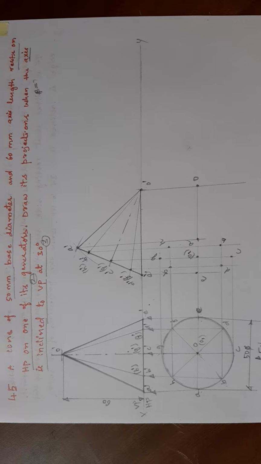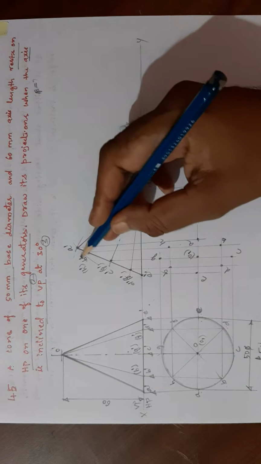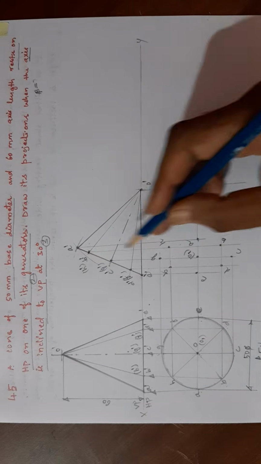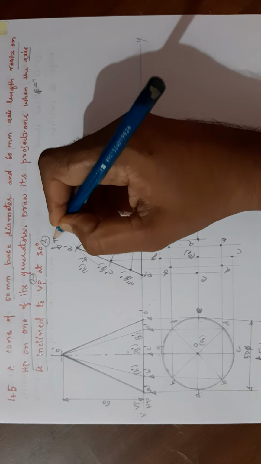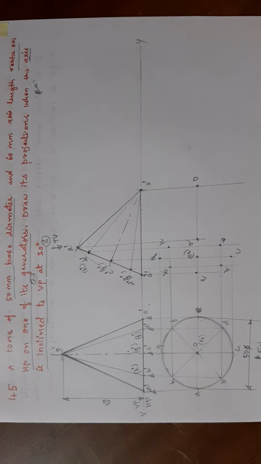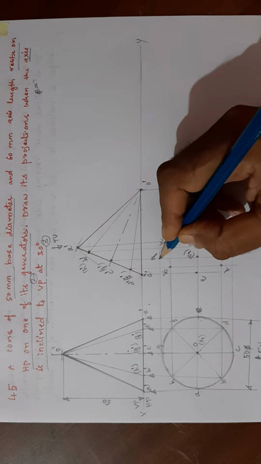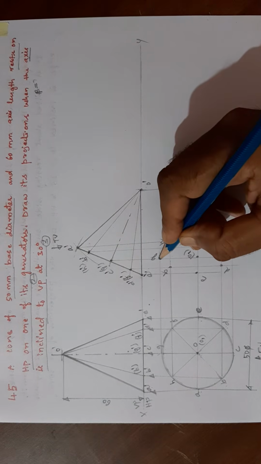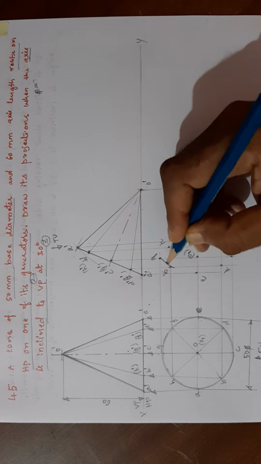So first the base edge. In the top view, the entire base circle is visible. Now see, this is the top view where the observer is standing, so the entire base is visible. So draw the ellipse with a smooth curve.